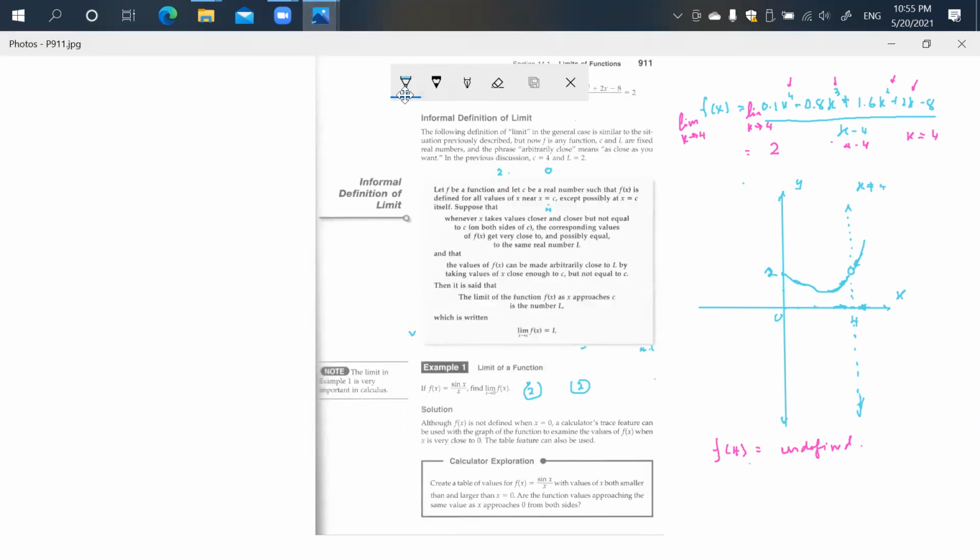We will understand, and then we can write the definition of limit. This is informal. We're going to learn the formal definition of limit later. But now, from the idea I just explained in this example, we can see this one. I have to erase the old one.